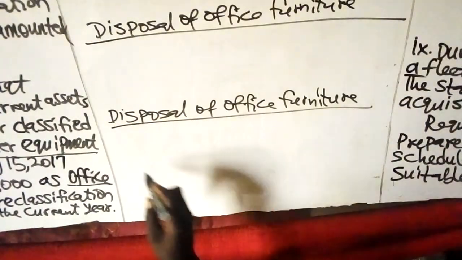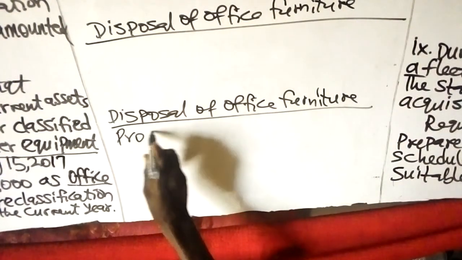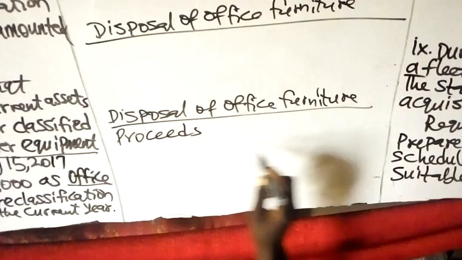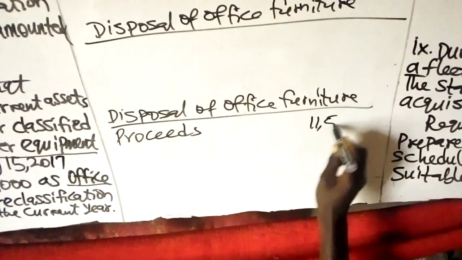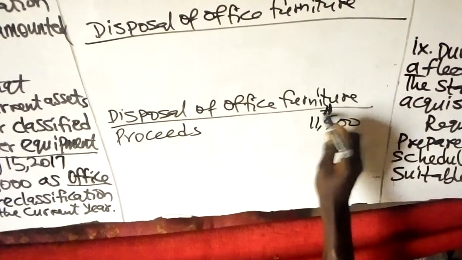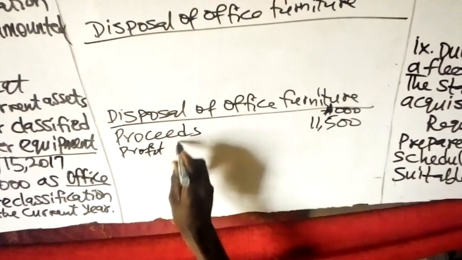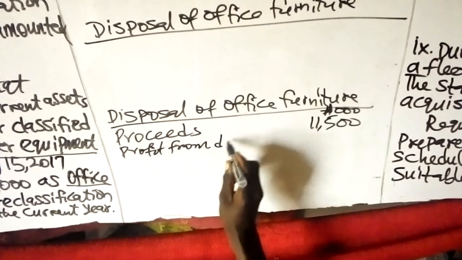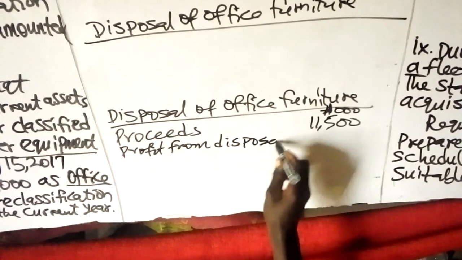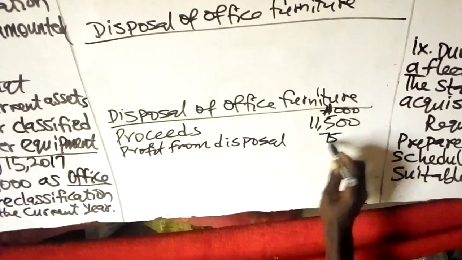Proceeds from disposal of 11.5 million. It was sold at a profit. Profit from disposal, and that is 750,000.